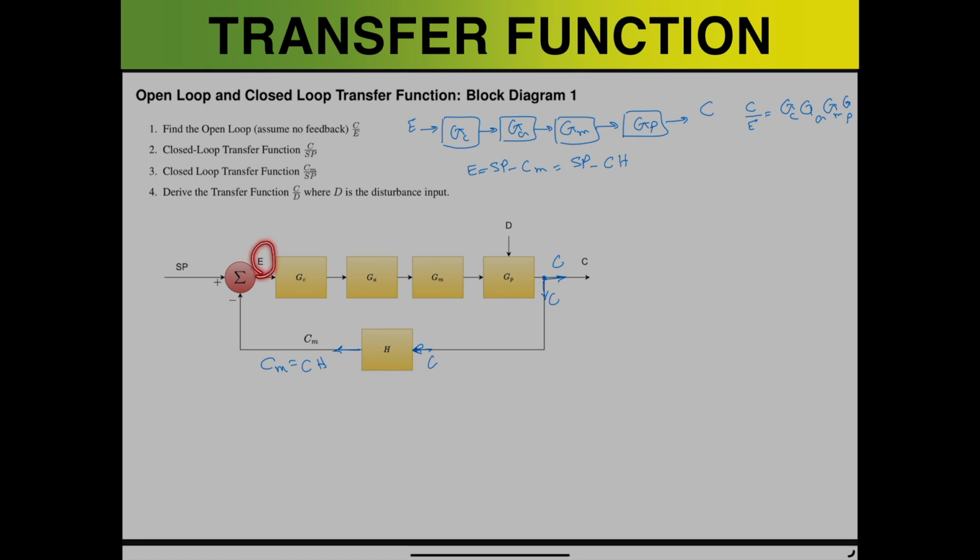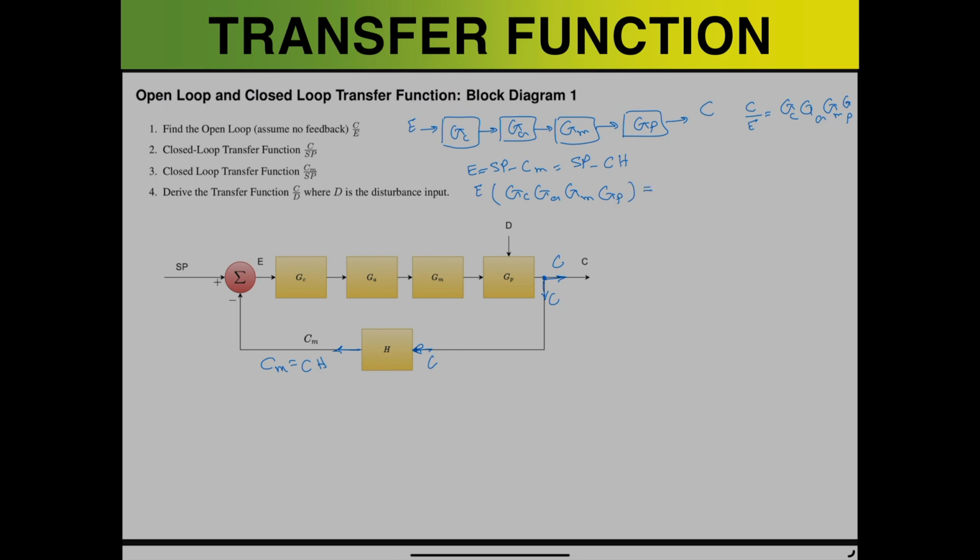Now that we have E, it is going to be multiplied by this next block as GC, which is going to be multiplied by GA and then by GM and then by GP, and it will turn into the output. So essentially, E is going to be multiplied by GC in the forward path, GA, GM, and GP.